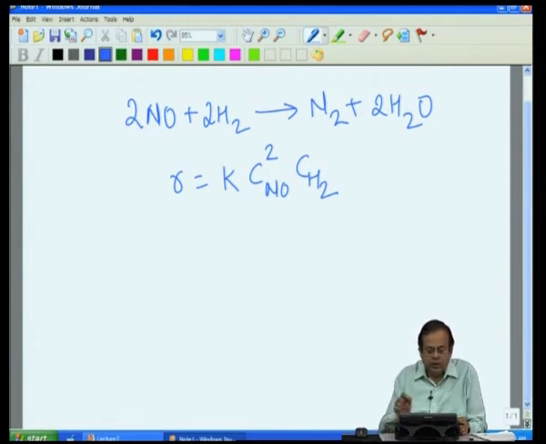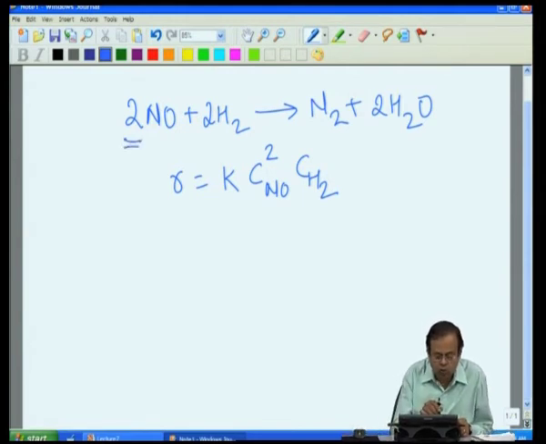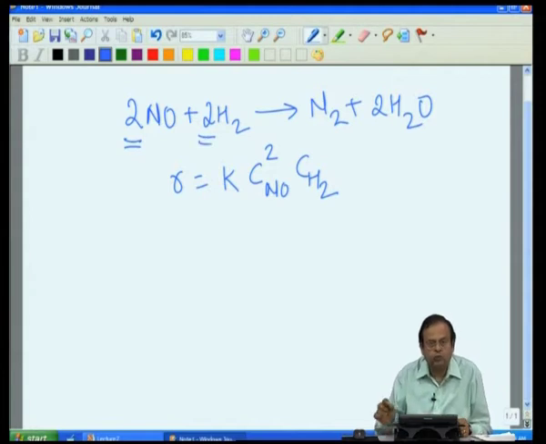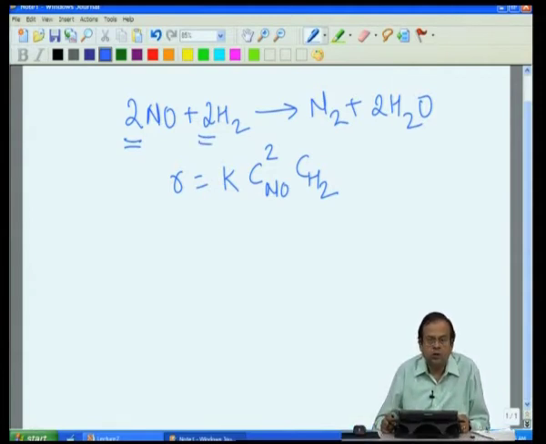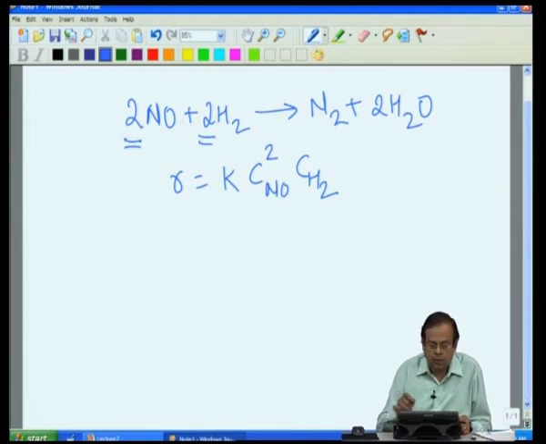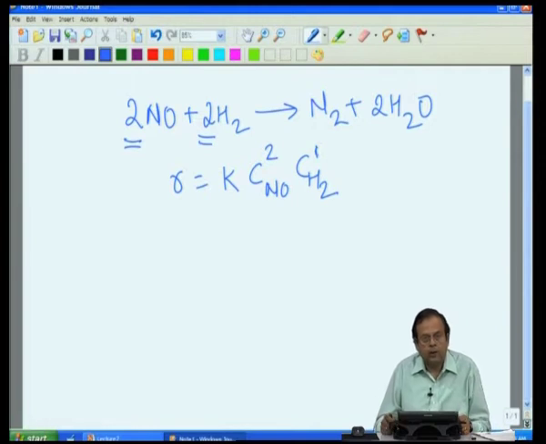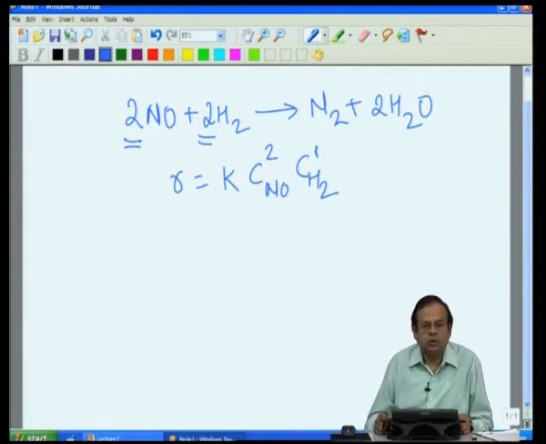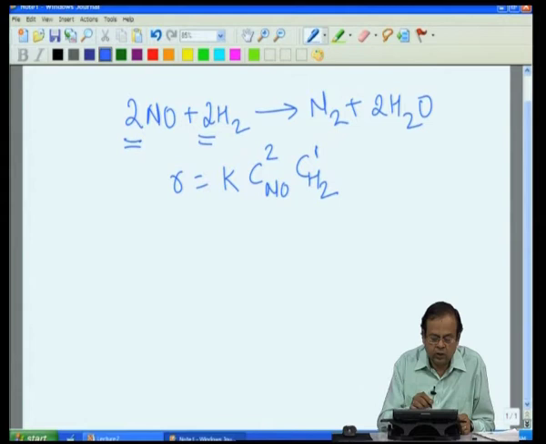The molecularity here is 4, 2 moles of NO and 2 moles of hydrogen, so 2 plus 2 is 4, whereas the order is 3, 2 and 1 over here. So, that is a clear indication that this reaction is not occurring as a single step interaction between 2 molecules of NO and 2 molecules of hydrogen, but there is something else that is happening. So, that is one example.